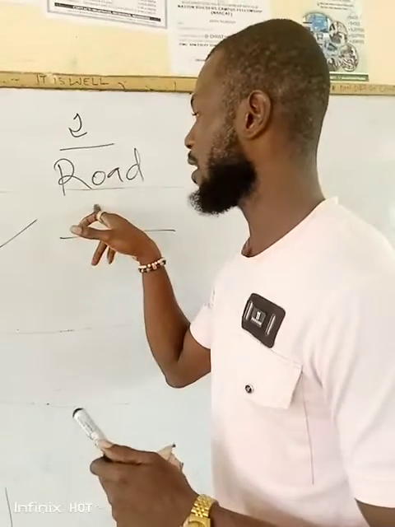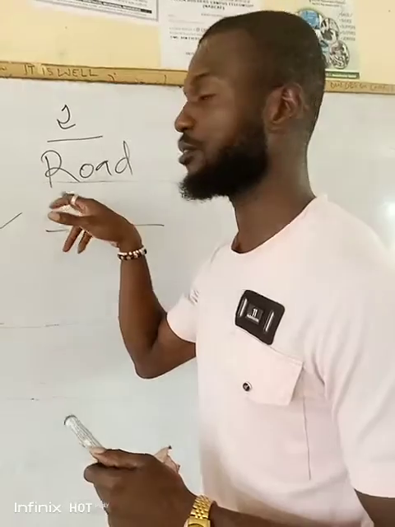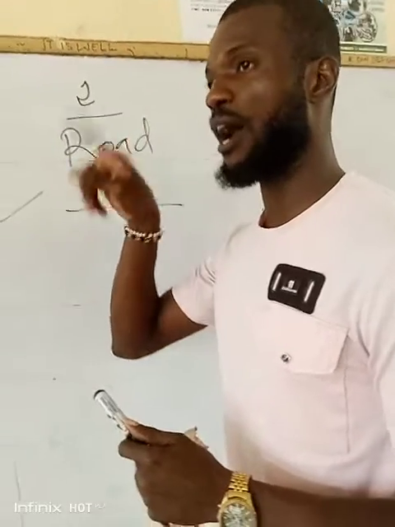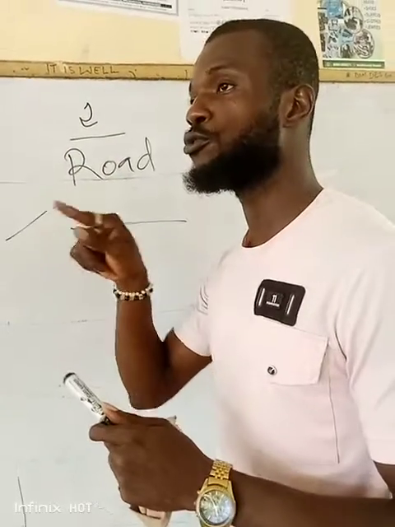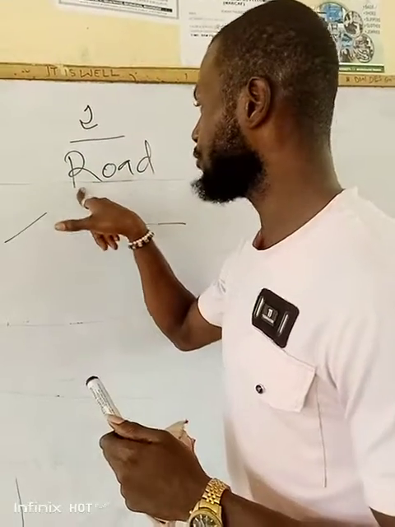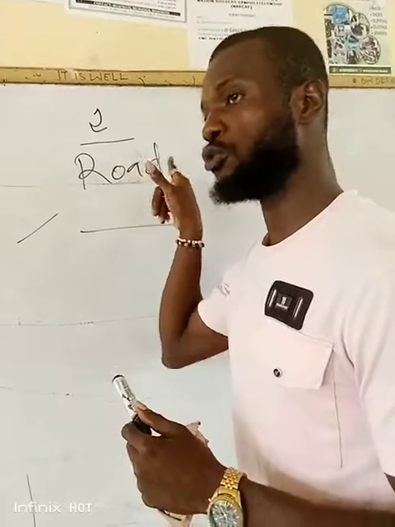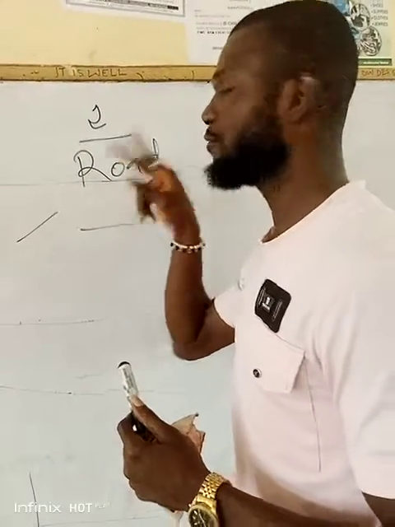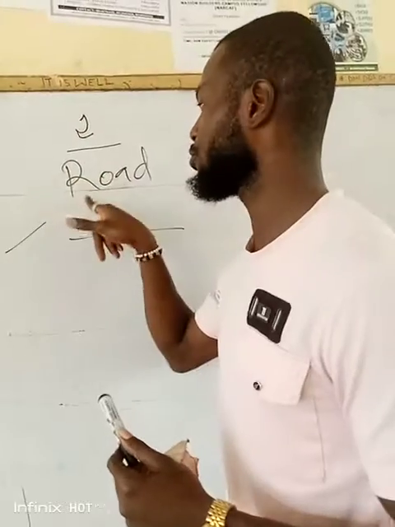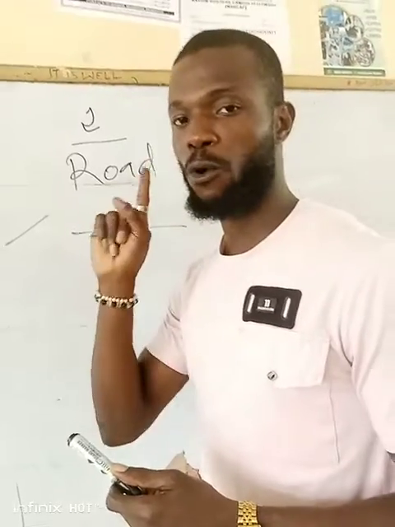As you can see, Re is at the beginning of the word. So definitely, we will not use R, which is coming down. We'll use R, which is Re going up. And now we have Re, O, and D, which is road. Now we have two strokes here, which are Re and your D. And we have only one vowel sound.